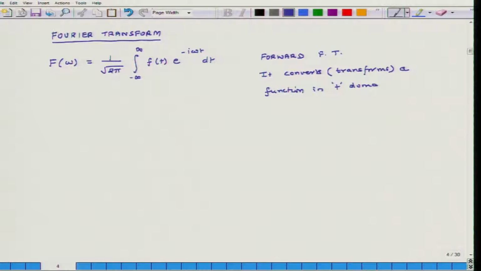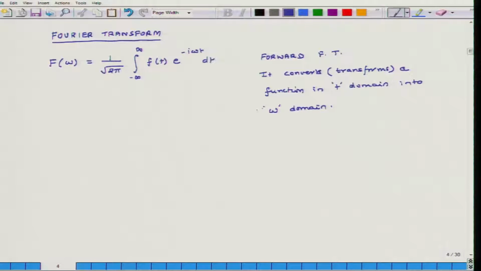Now, this t could be anything, it could be time or x or whatever, because this is just a mathematical relation. In a physical sense, t could be time and omega could be 2 pi times f. So omega may represent frequency domain, t may represent time, but this is just mathematical.